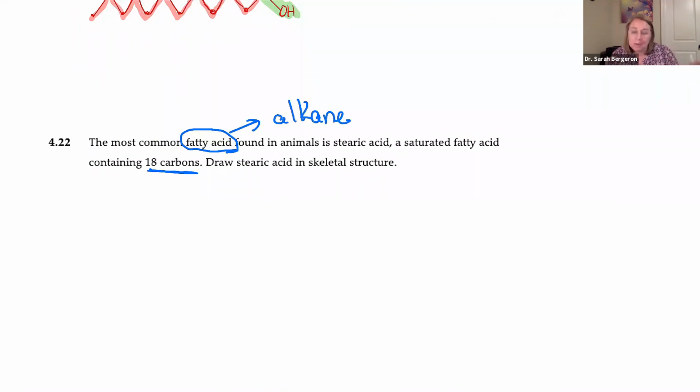An alkane, remember, is that saturated hydrocarbon, all hydrogens, no double bonds. And at the very end, you have a carboxylic acid. So I need to end with a double bond oxygen and then a single bond to an oxygen and a hydrogen. But I first have to draw my 18 carbons.